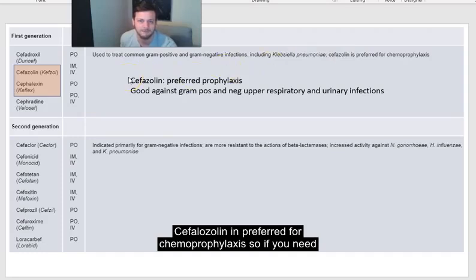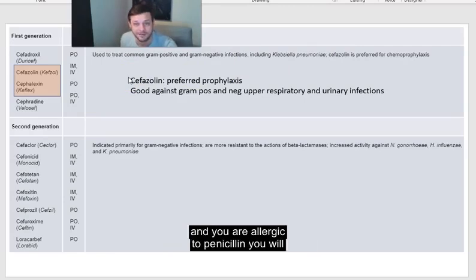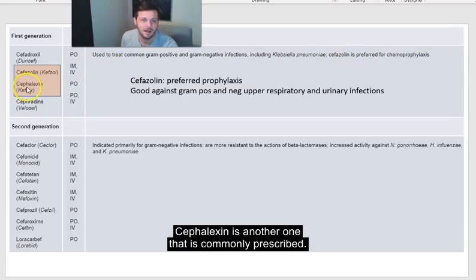So if you need to take an antibiotic because you have a weakened immune system or whatever, and you have to take them before you get sick, and you're allergic to penicillin, you will get cefazolin. Cephalexin is another one that is commonly prescribed. Again, good against gram-positive and negative, especially upper respiratory urinary tract infections.